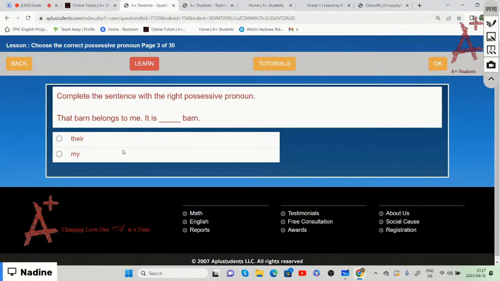If something belongs to me, do I say it is my bond or do we say it is their bond? All right, so if we choose the correct one between their and my, since that bond belongs to me, then we can say it is my bond.